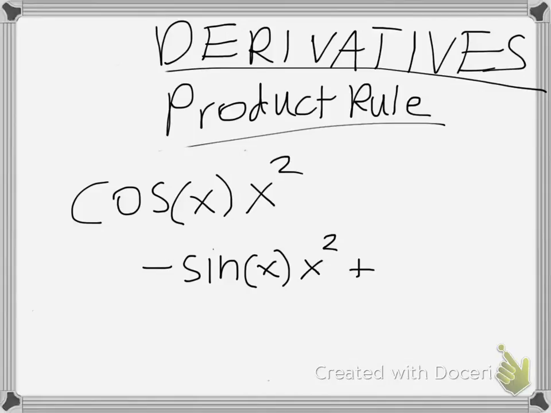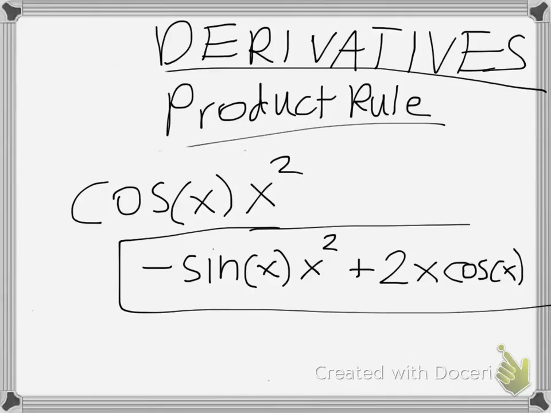Then we add the derivative of the second function, which is 2x, since the derivative of x squared is 2x, and we multiply that by the first function, cosine of x. So the derivative of cosine of x times x squared equals negative sine of x times x squared plus 2x cosine of x. That's the product rule.